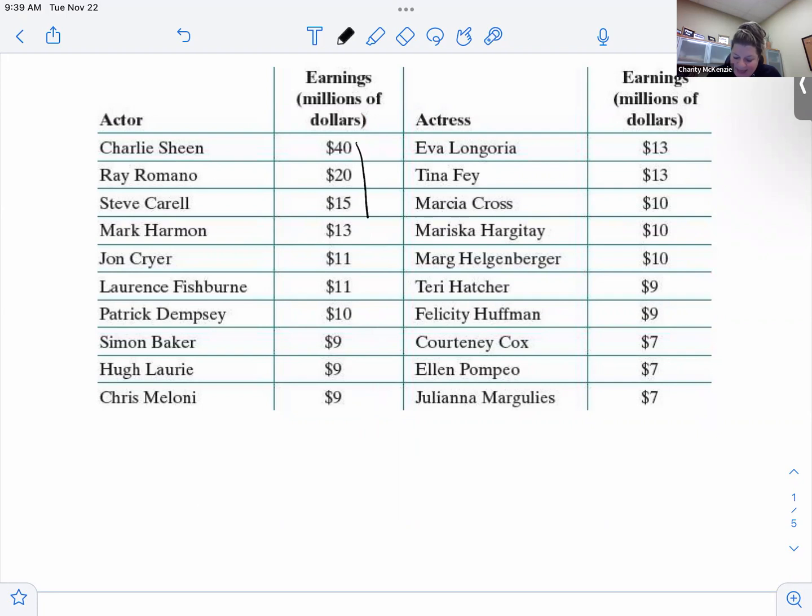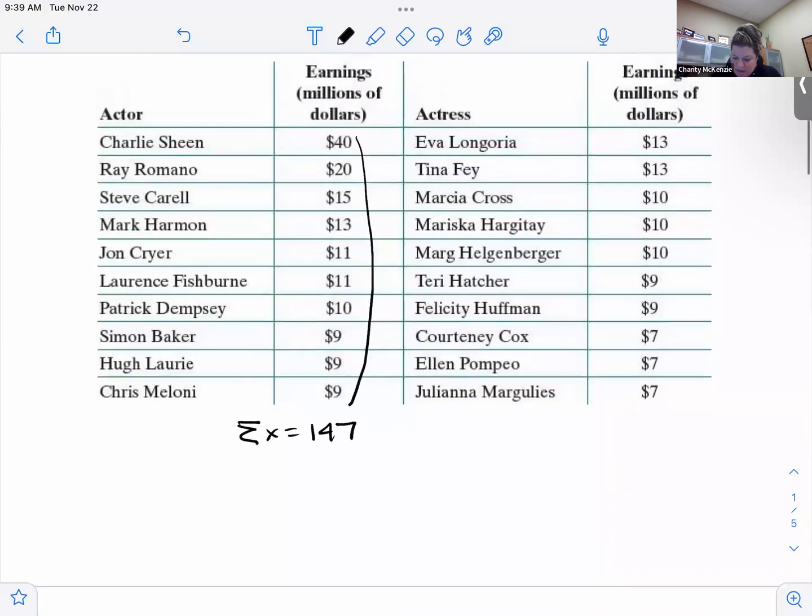So we need to add these all up. You're going to get out your calculator and add them up. So 40 plus 20 plus 15 plus 13 plus 11 plus 11 plus 10 plus 9 plus 9 plus 9. I got 147. And this would be our x's, just so you know what x stood for, adding up those numbers.